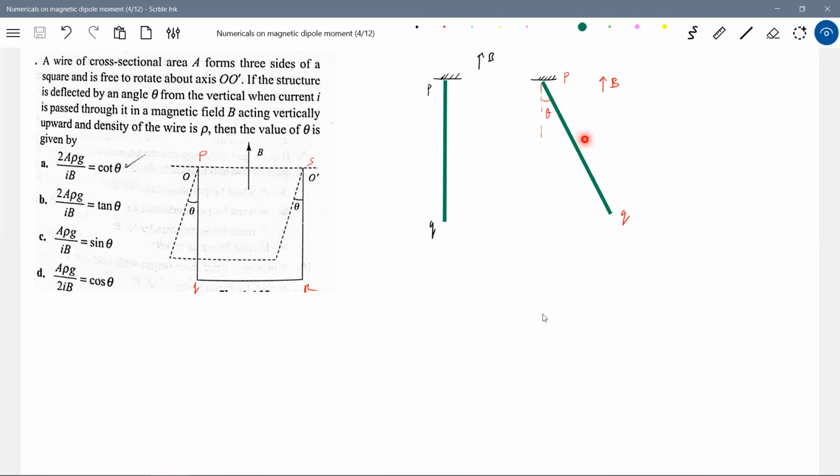Now the BIL force you bring into the picture, B bar I. Cross-sectional area A forms three sides of a square, so let L be the length.